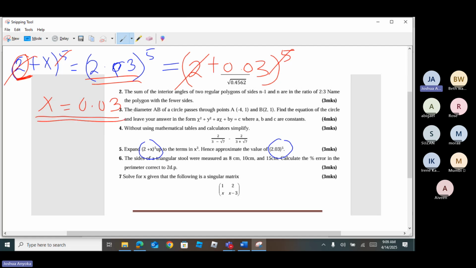Now, a shortcut when we want to save on time: we are expanding up to which term? Up to the term x to power 3. Start with the coefficients. What are the coefficients of 5?